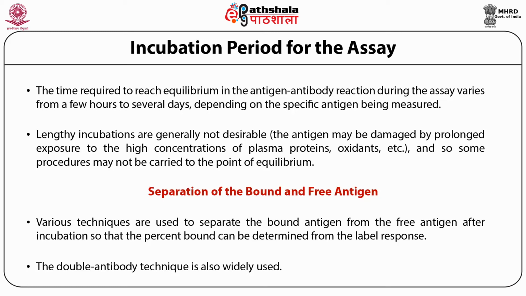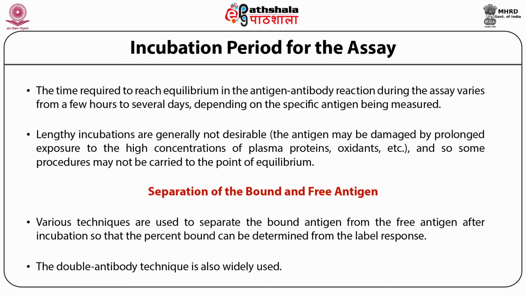The second antibody is produced by injecting a second animal with a gamma globulin produced in the first animal used to prepare the first antibody. Although the use of a second antibody introduces another source of error, the double antibody technique has the advantage of being applicable to almost any immunoassay, and the separation is complete.